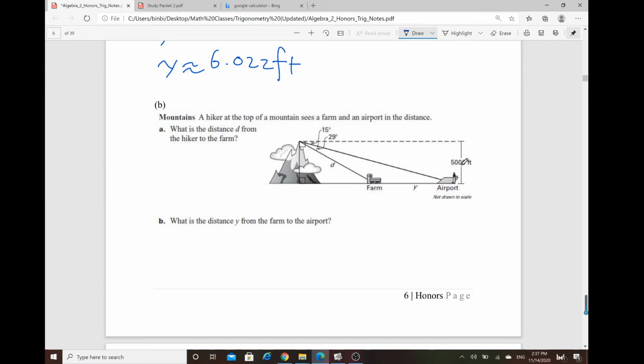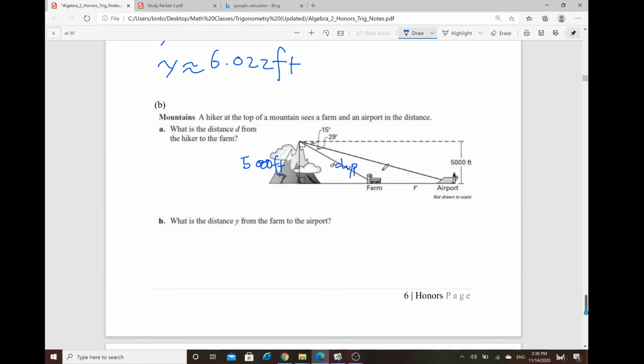We do know the altitude of the mountain, which is 5,000 feet, to the peak. And it looks like we need to solve for one of those variables first. In order to solve for d, we need the distance of the mountain here, which is 5,000 feet, while d here is obviously the hypotenuse.